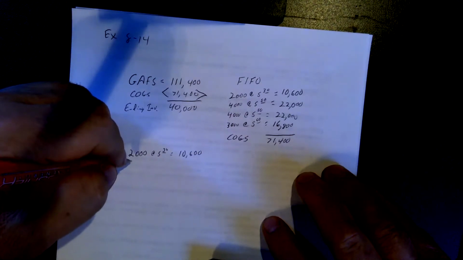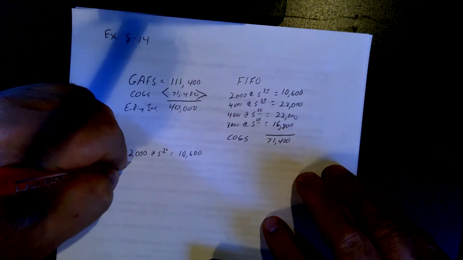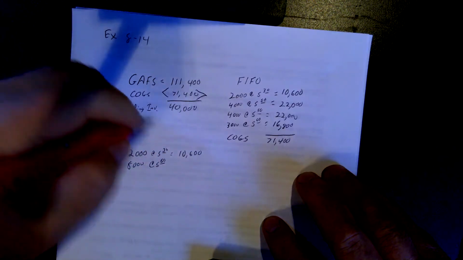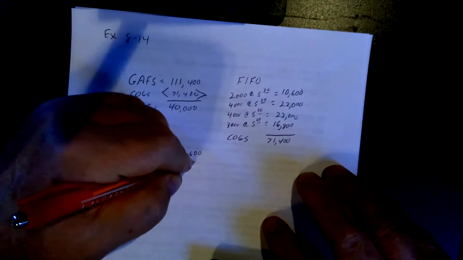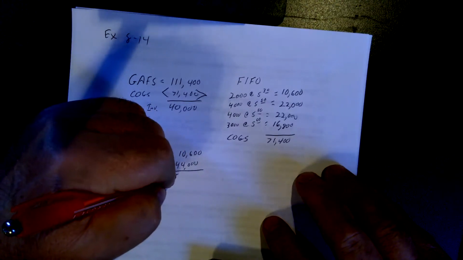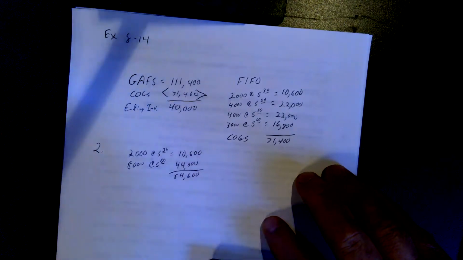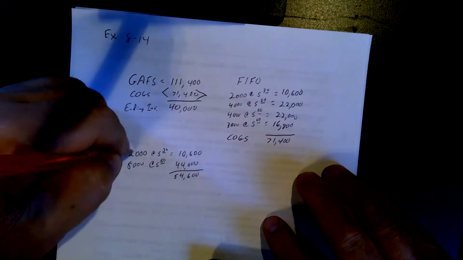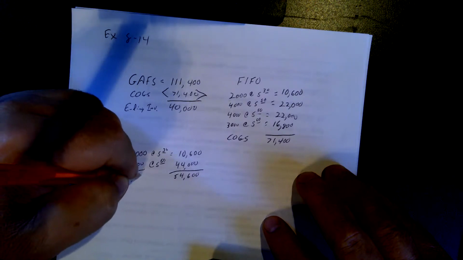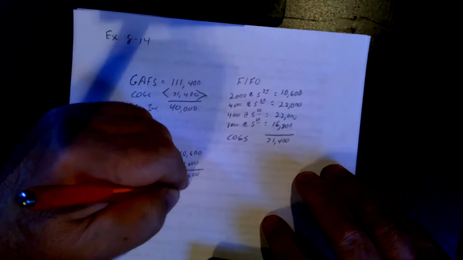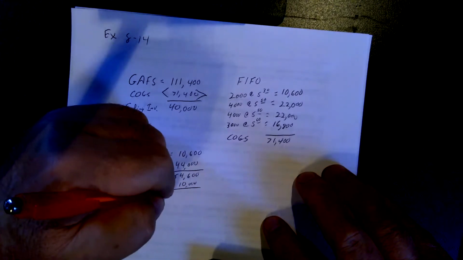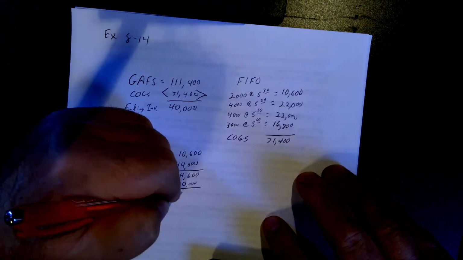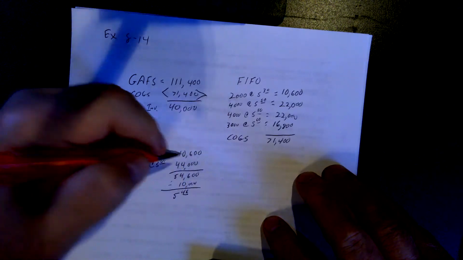And then we purchase 8,000 units at 550, and that's 44,000. Add that up, we get 54,600, and now we need to divide that by the units, which is 10,000. So we divide this by 10,000, and we get $5.46.